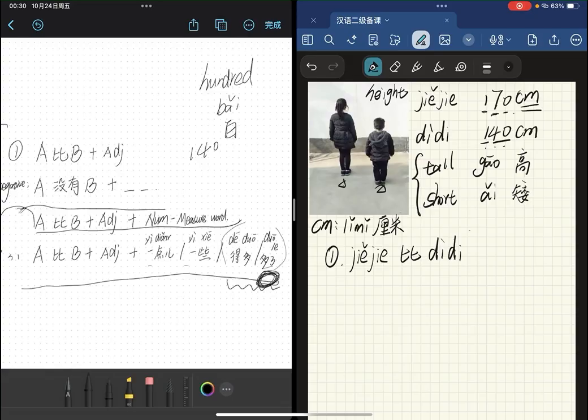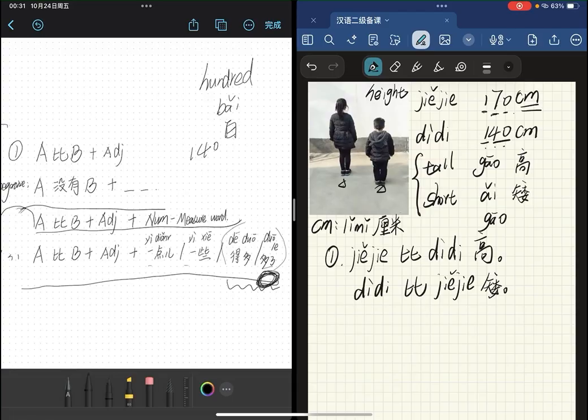So the adjective I choose is 高. 姐姐比弟弟高. Then 弟弟比姐姐. Comparing 弟弟 with 姐姐, we know 弟弟 is shorter than 姐姐, so we choose 矮. 弟弟比姐姐矮. Okay, so this is the basic one.